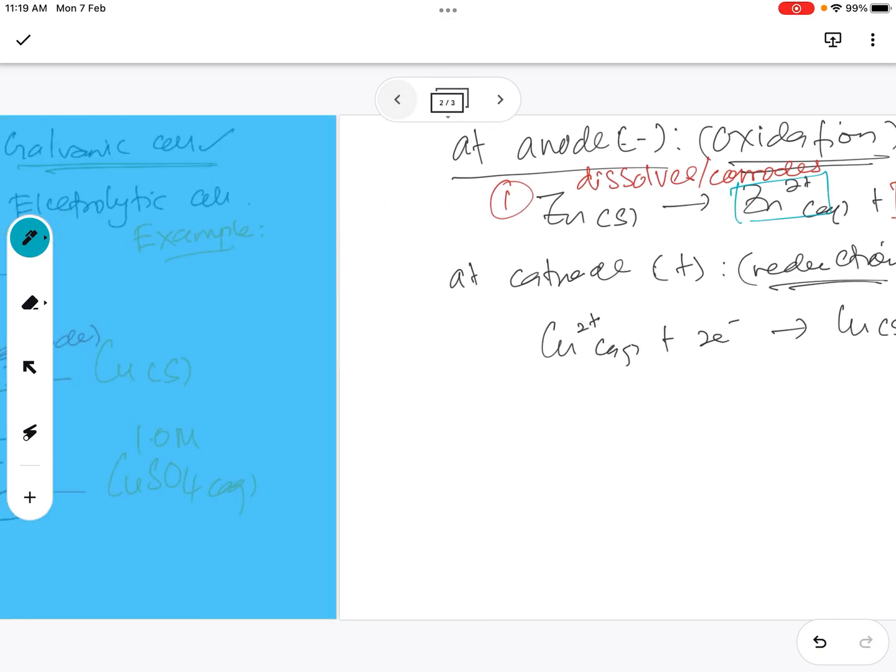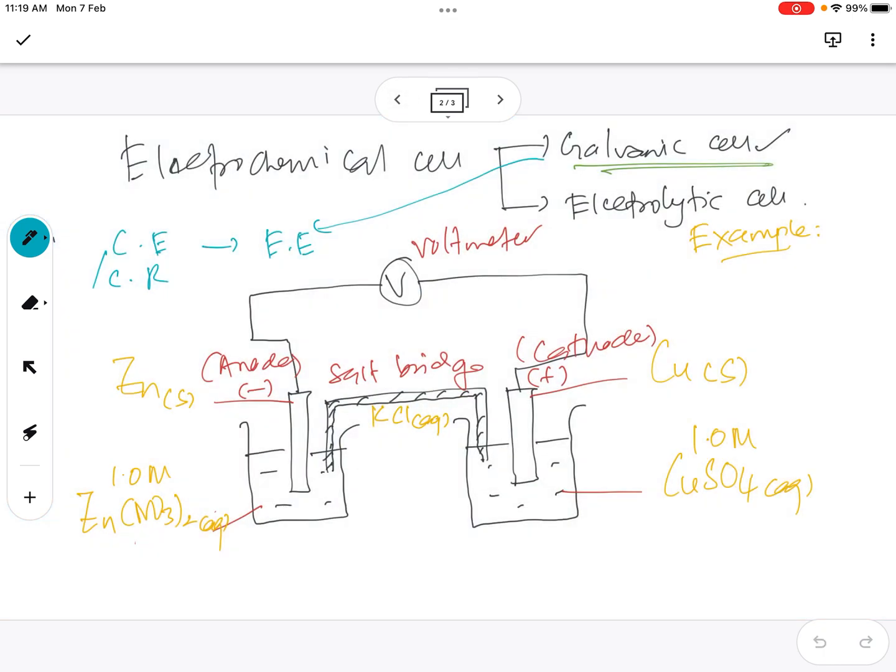Okay, kita patah balik ke slide number 2. Dia akan larut. So sini Zn2+ masuk. Zinc larut, dia hasilkan Zn2+. Zn2+ masuk dalam solution. Nampak ke slide number 2 tu? Can you see what I'm doing at slide number 2?